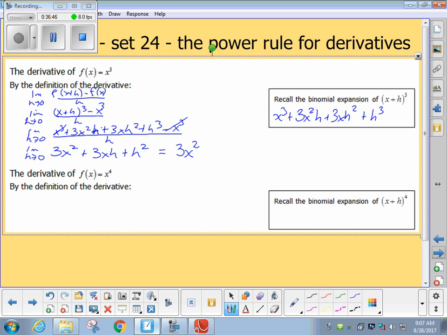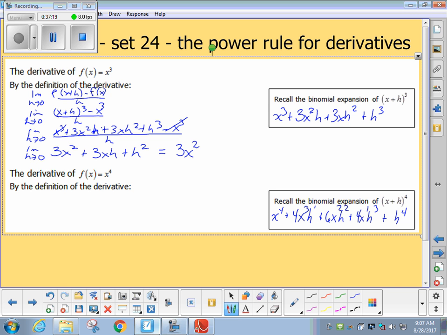Okay, last real quick then. The binomial expansion of x plus h to the fourth is x to the fourth plus 4x. What's the power of x next? Cubed h to the first plus 6x squared h squared plus 4, there's symmetry, x h to the third, ending in h to the fourth.